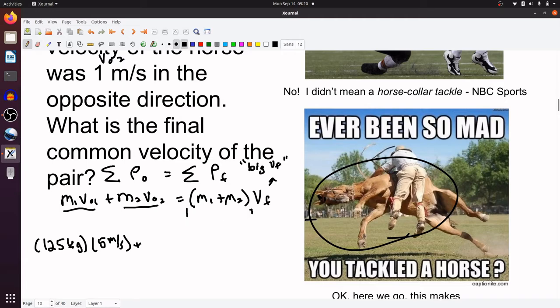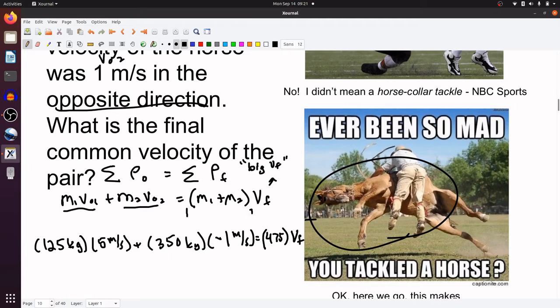And then plus the mass of the horse, 350, which I thought was a little bit on the low side, but that's what went with it. And it said in the opposite direction, so I need to make this a negative 1 meter a second. And then that's equal to the sum of both masses, which will be 125 plus 350, so that's 475. And I'm running out of room here, so I'm going to drop my units. Apologies for that. Big VF.